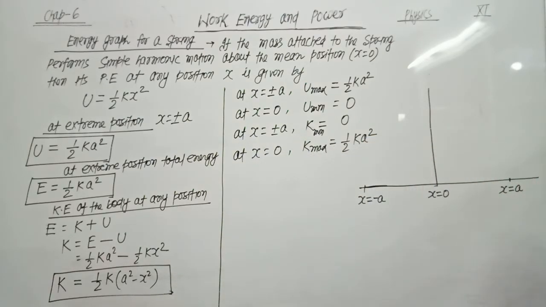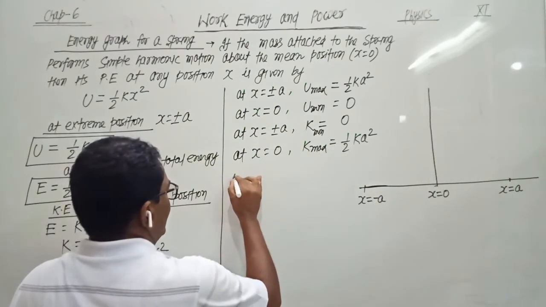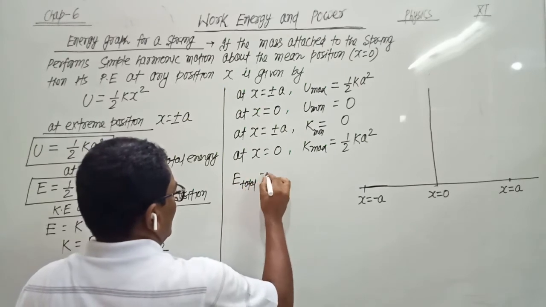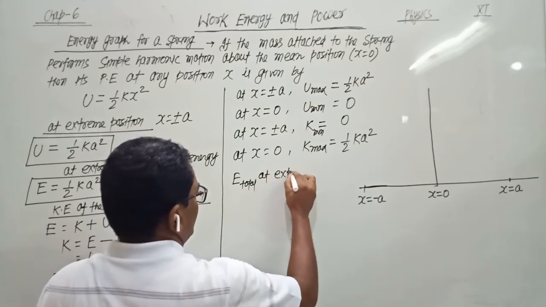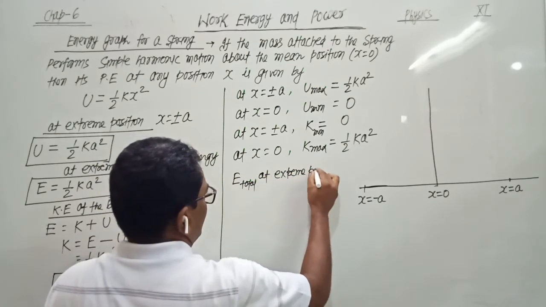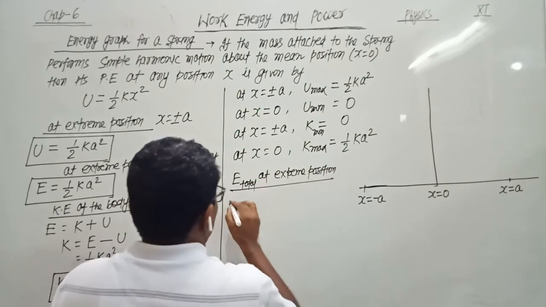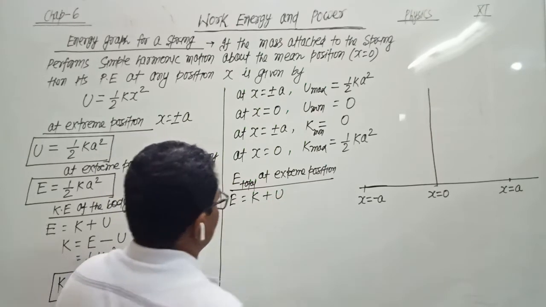So now the total energy at the extreme position and at the mean position. Total energy E equals kinetic energy plus potential energy.